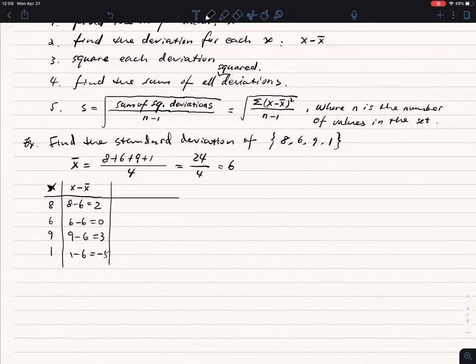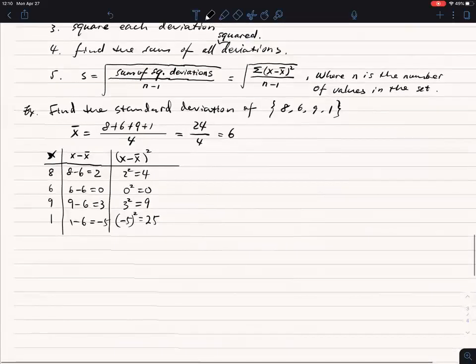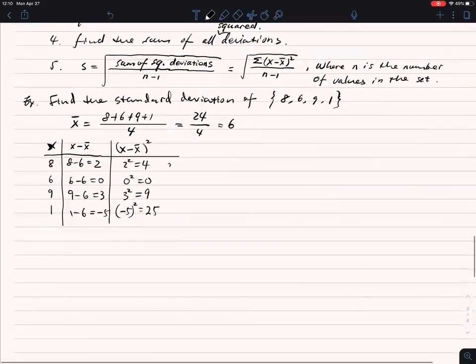In the next column, we're going to square the difference. So 2 squared, I get 4. 0 squared is still 0. 3 squared is 9. Negative 5 squared, now you know this is not negative 25, it is 25. Okay, so we have all the squared deviations. What is the sum?